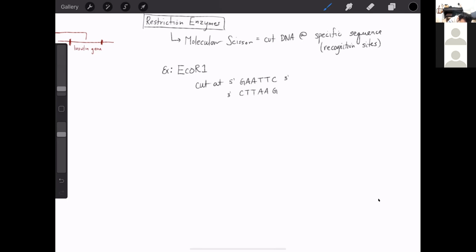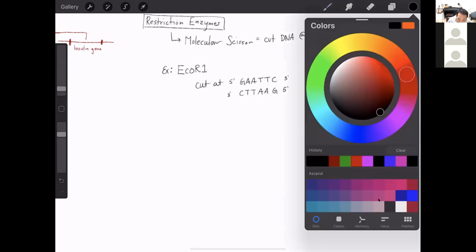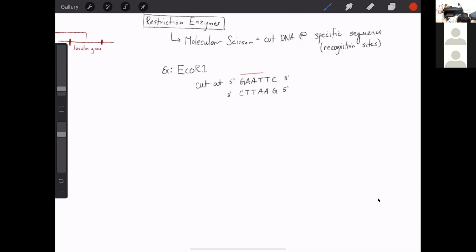Because take a look at what happens on the opposite strand. From 5 to 3 prime on one strand, it's going to look like GAATTC. Now, when I read it the other way, GAATTC. This is what we call a palindrome. And it is at these palindromic sequences, now, not all palindromes, but palindrome sequences that are very specific to that restriction enzyme that is going to cut this DNA.